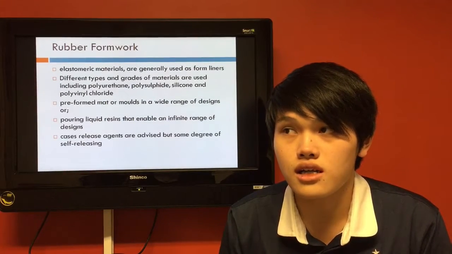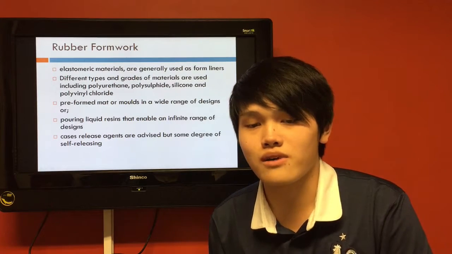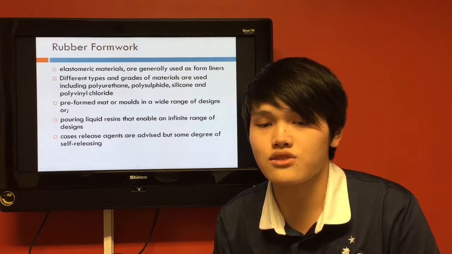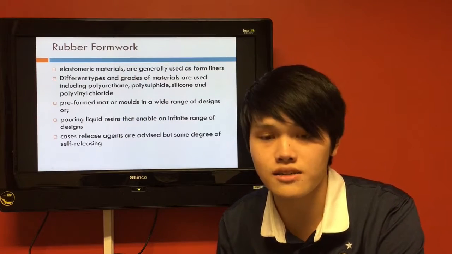And the next type of formwork is rubber formwork, and rubber formwork is made of elastomeric materials and is generally used as form liners.